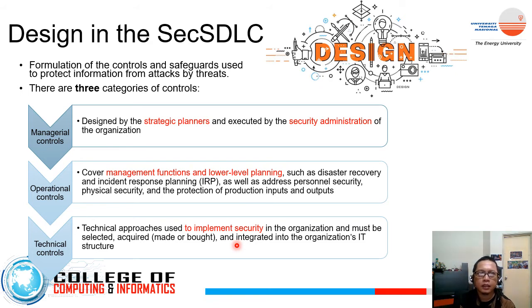So these are the things that you need to consider also during the design phase. You must have the managerial control, meaning the policy. You must have the operational control, who will actually be managing those things. And then the technical control, how to translate those policies and processes into the software and hardware.